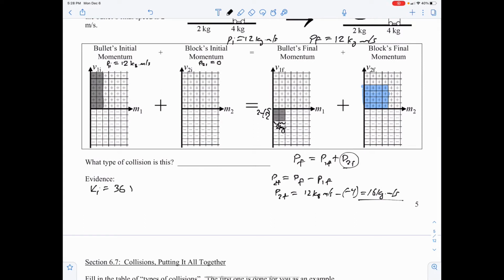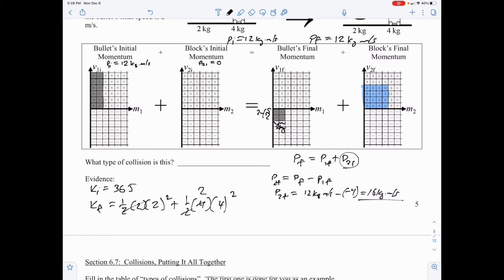Kinetic energy, 36 joules. Final kinetic energy is going to be 1/2 times 2 times 2 squared. Doesn't matter that it's in the negative direction. That'll be 4 joules. I should say we've got to add this, so it's not going to be just 4 joules. It's going to be 4 joules plus 1/2 times 4 times 4 squared.